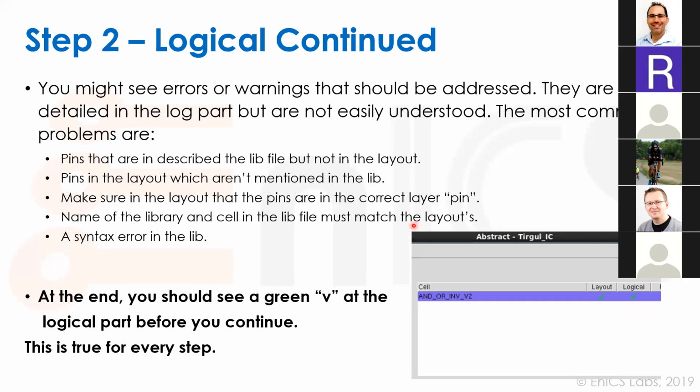It's almost always problems with just the pins. As I mentioned already twice, the pins might be in the lib but not in the layout. And sometimes there can also be syntax errors in the lib, just a comma not in the right place. These are very hard to debug because they're not detailed, but hopefully everything will be fine the first time. At the end, we just need to see this green V, and then we can continue to the next step.